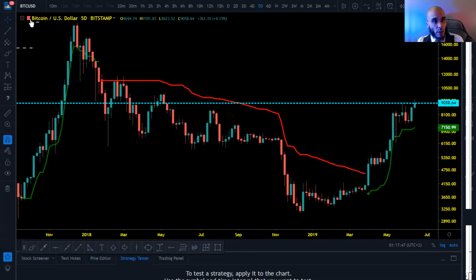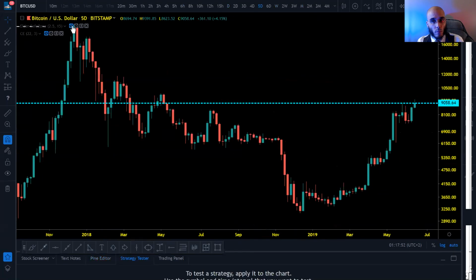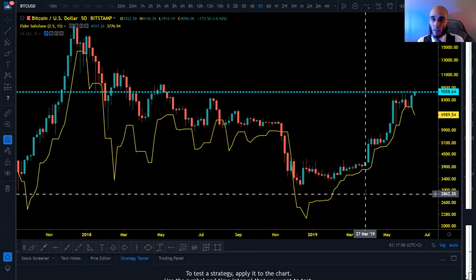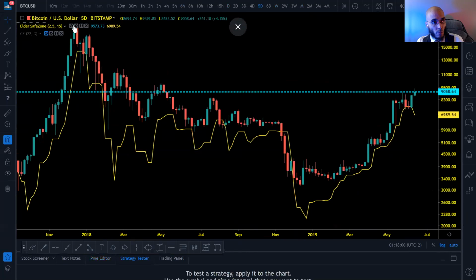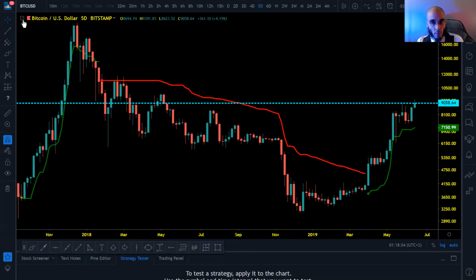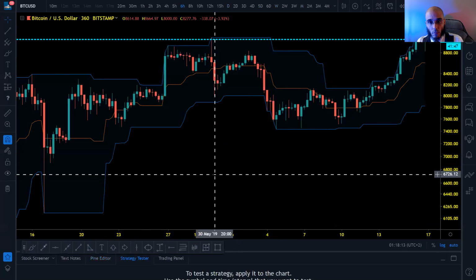And if we look at the other one, which is the safe zone, you are still at around 7K for your stop loss. And this one is positive.